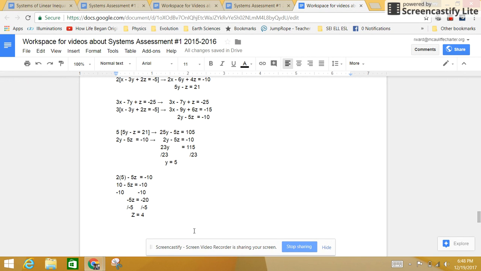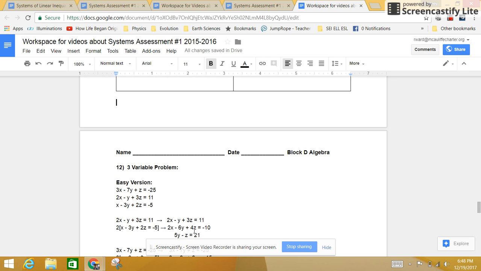So now I know y is 5, z is 4. I can go back to my original equations. Y equals 5, z equals 4, and I need just to get x. So I look at these, and I'm going to use the one that has x all by itself.